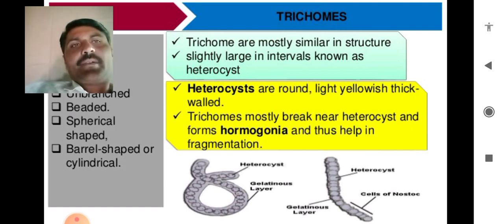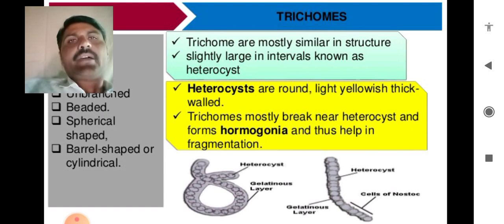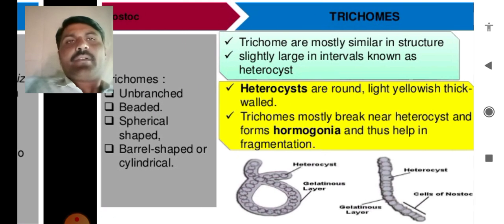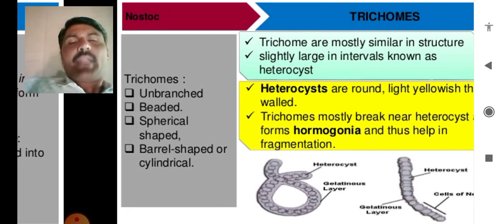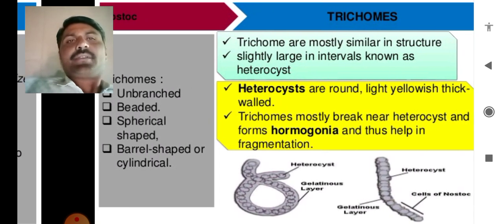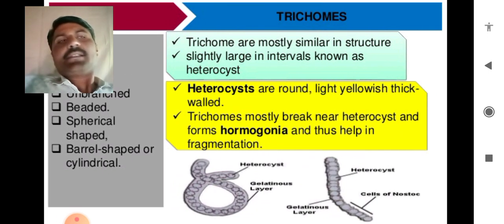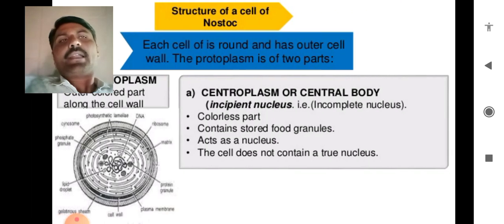Trichomes mostly break just near or beneath the heterocyst, and this happens for the formation of hormogonia, which helps in fragmentation. Trichomes are unbranched, spherical, somewhat round-shaped, barrel-shaped, or cylindrical.